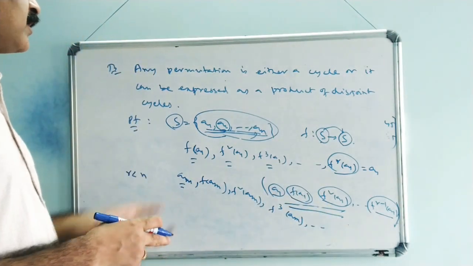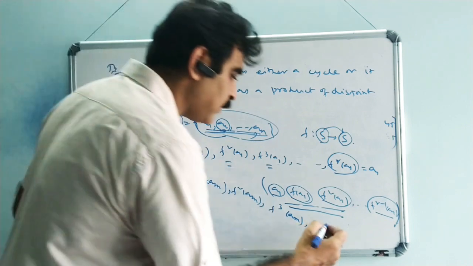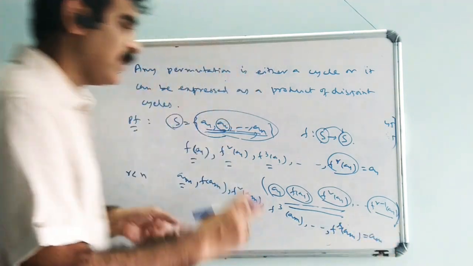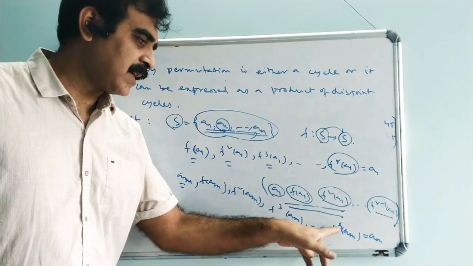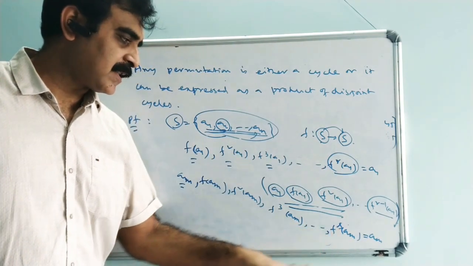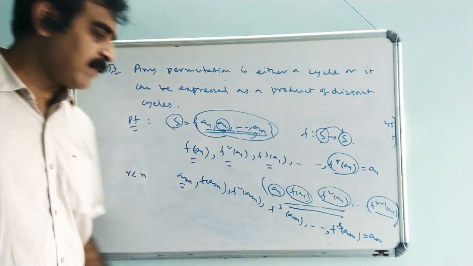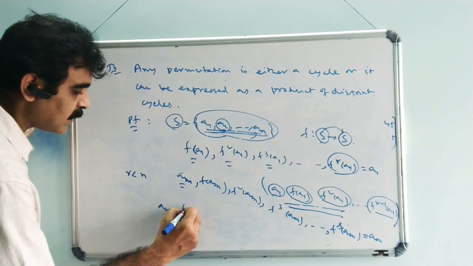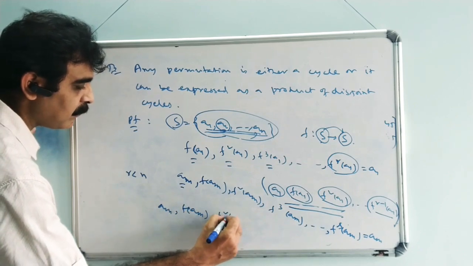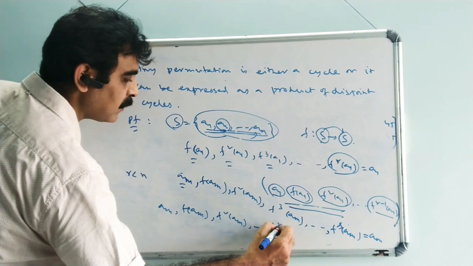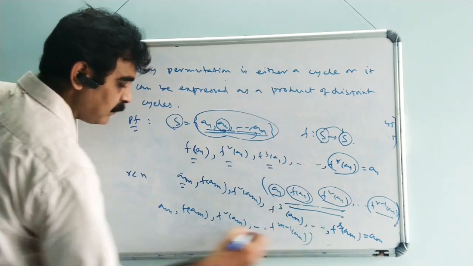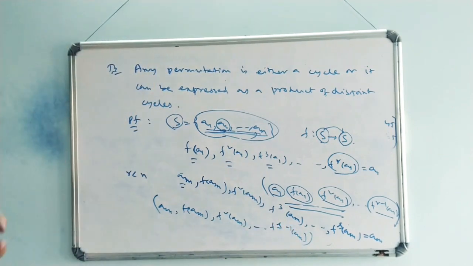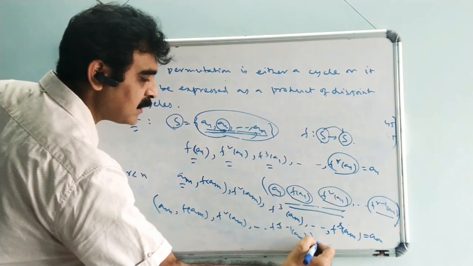Since this is a finite set, we will definitely get, after some step S, F^S AM equal to AM, and then we get another cycle: AM, F of AM, F square AM, up to F^(S-1) AM, and the length of this cycle is S.